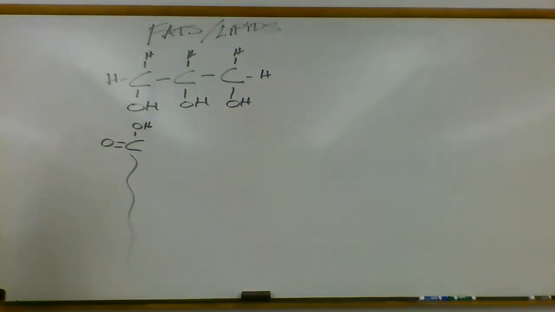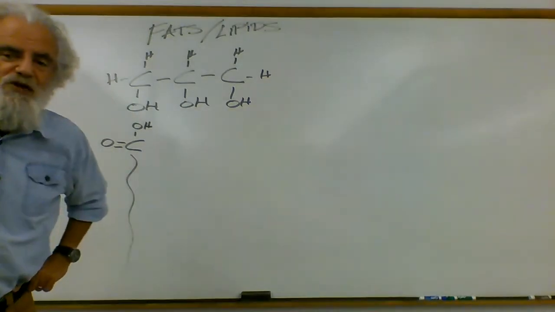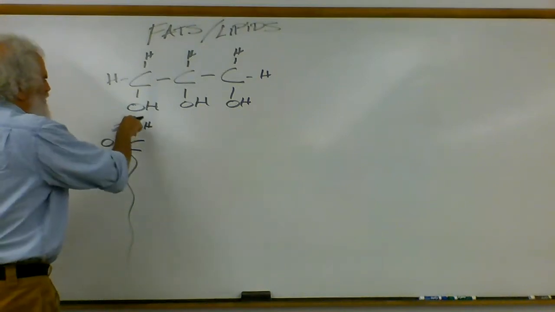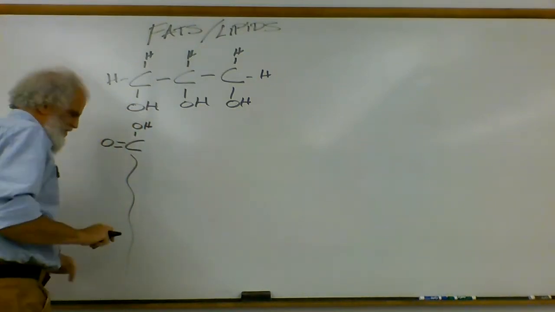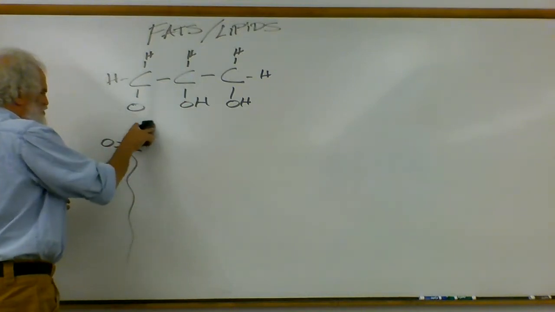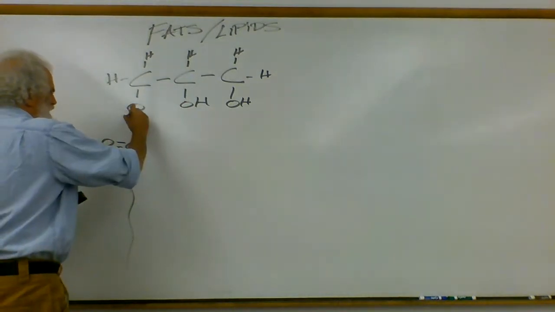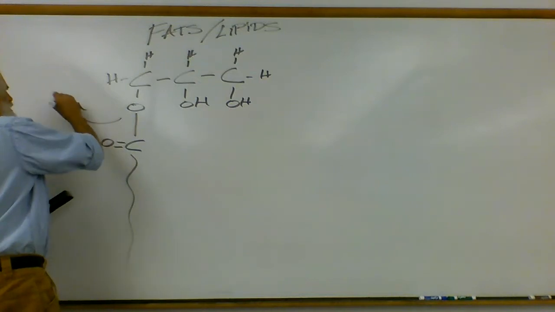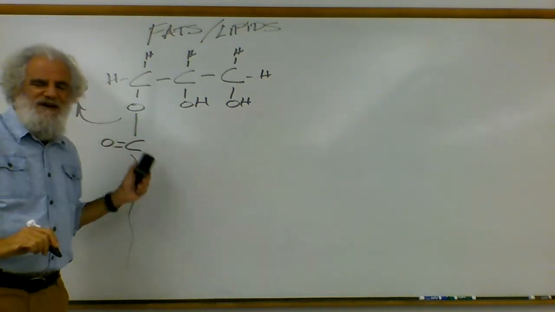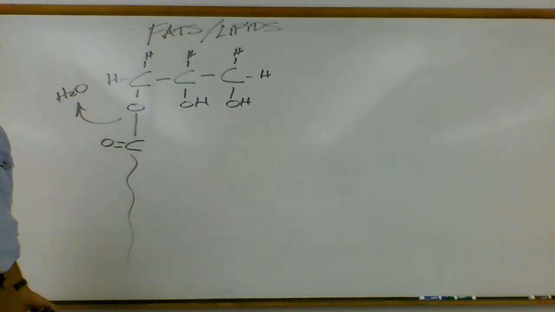That's the rest of the fatty acid tail. We're going to link this together, and to do so, we're going to make a molecule of water, H2O. So what we're going to do is pull off one oxygen and the 2 hydrogens to make this condensation reaction, and bada-da-bing, we have linked now this fatty acid to this glycerin molecule.